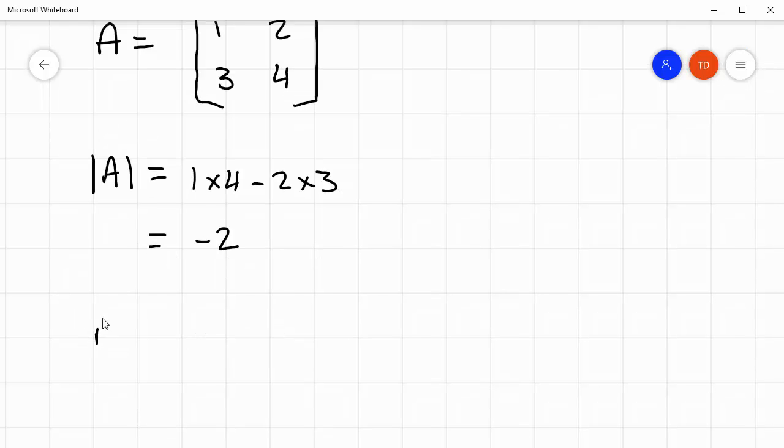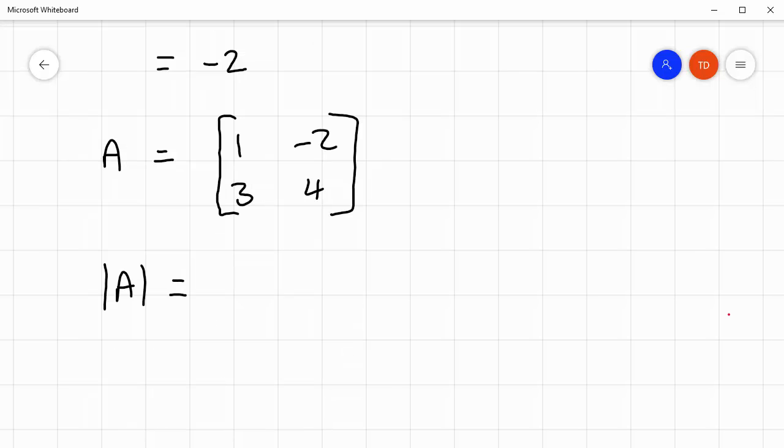Now let's look at what would happen if the matrix A is equal to 1, -2, 3, 4. To find the determinant, we first of all do the alternating signs, and then we multiply 1 by 4, and then we multiply -2 by 3, so that's actually going to give us 2 times 3.